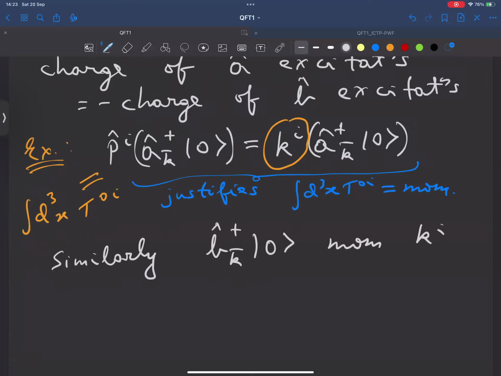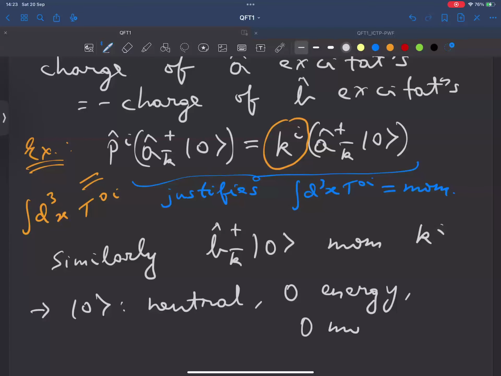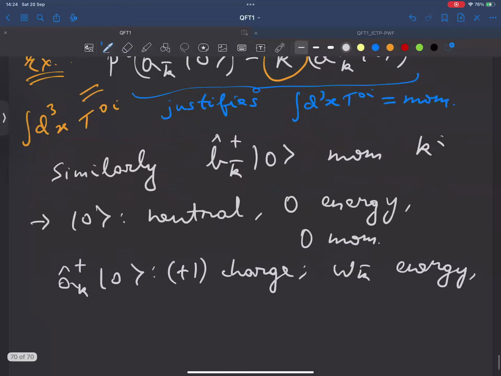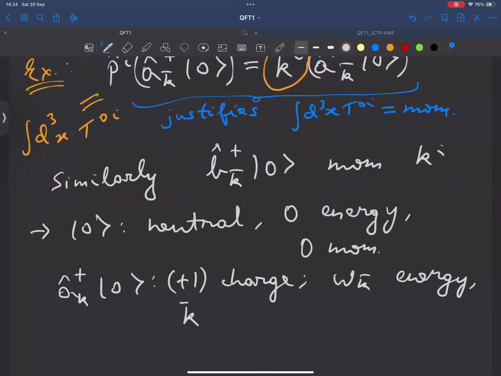And yeah, so what we saw, let's quickly summarize: the vacuum was neutral with 0 energy and 0 momentum. These states were positively charged, so +1 charge with omega_k energy and k as their momentum.